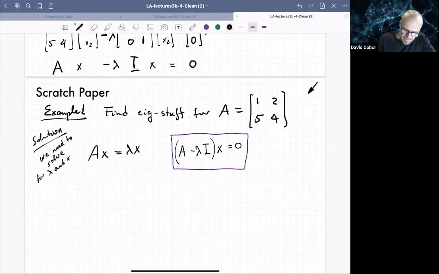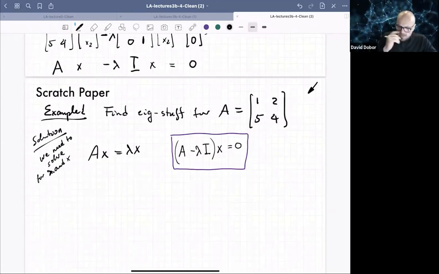And that's another source of confusion, the first time most people see this. Somebody's asking you to solve Ax equals lambda x, and they're telling you that you don't know x and you don't know lambda. It's confusing at first. How do you solve it for x and lambda?